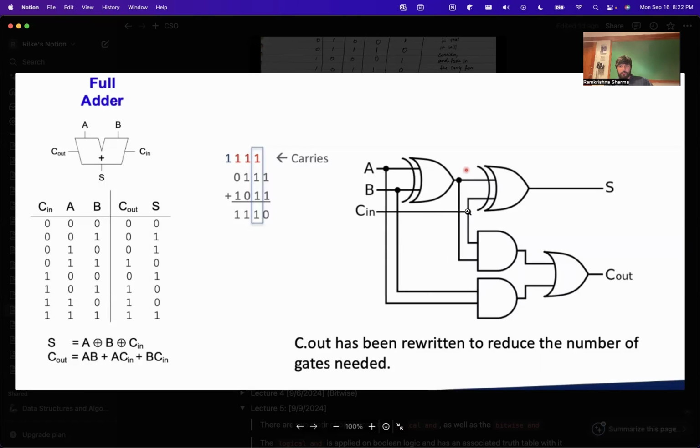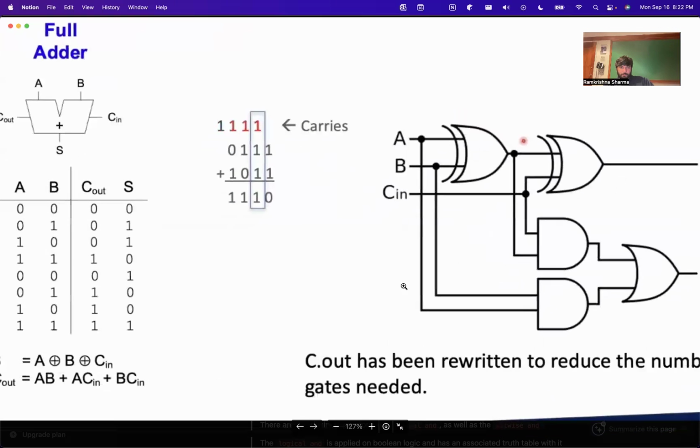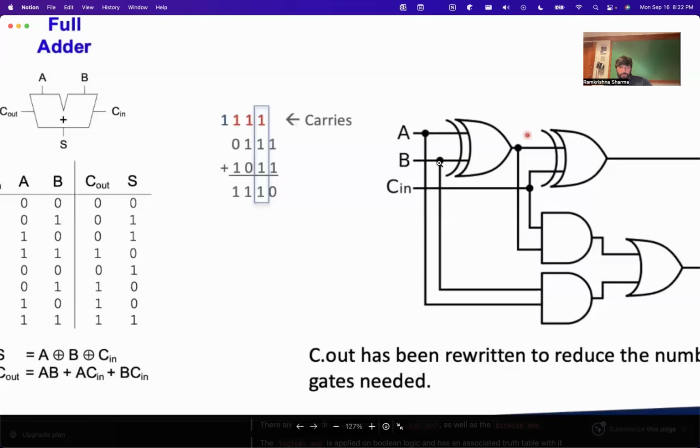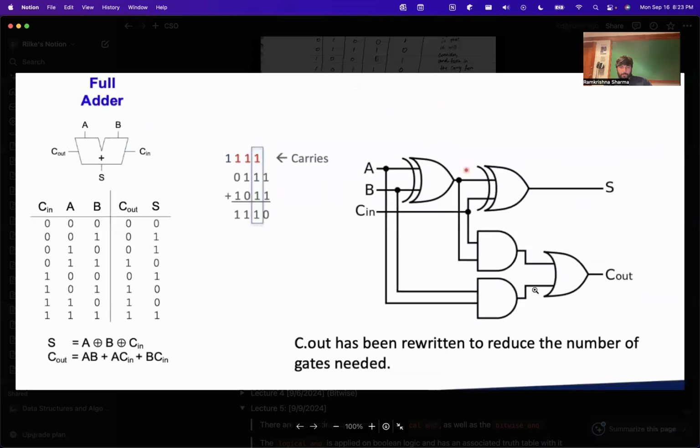So right, so the output, so there should be something connecting A and C to an AND gate, right? Which is where this particular portion comes in, A and C to the AND gate. And then B and C in, right? So B and C in as well. So they're all kind of bound by that AND gate. And eventually you'll get your C out value.